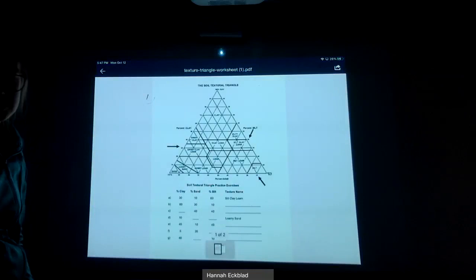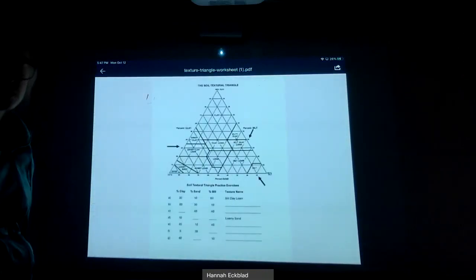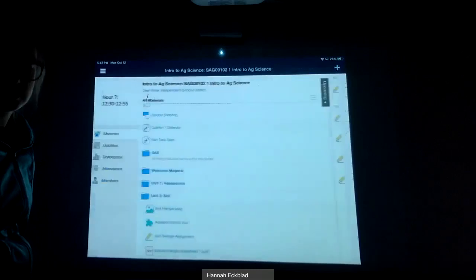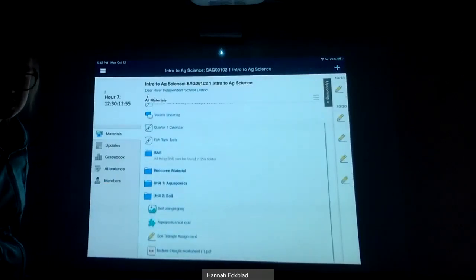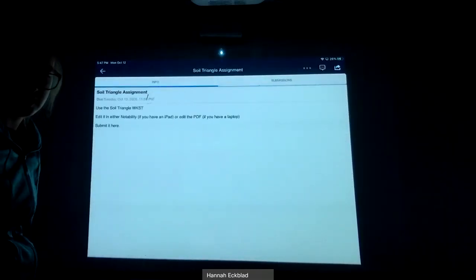It might be some of the percentages. It might only be 1% and the type of soil it is. It depends on the question, but your job, you can either upload this on Notability or you can just download it as a PDF if you have a MacBook Air. But that is your assignment to complete that, and you'll submit it in the soil triangle assignment hand-in.